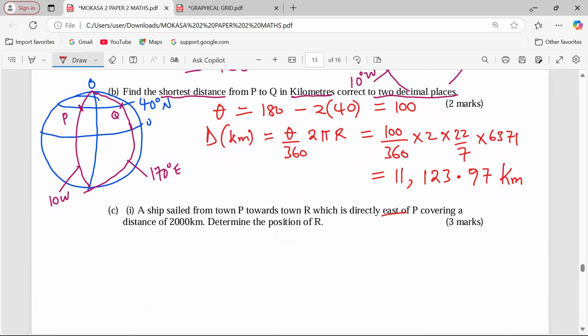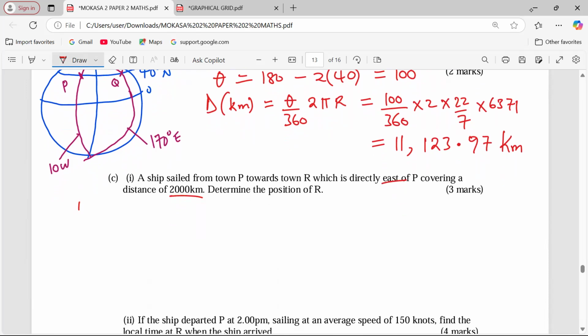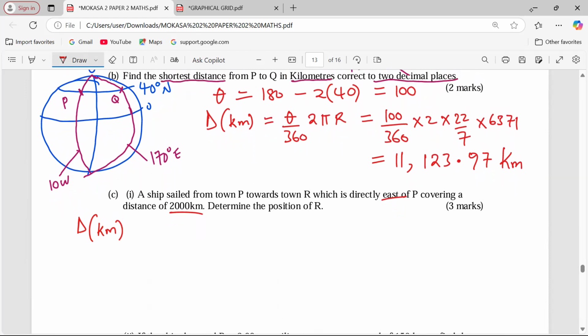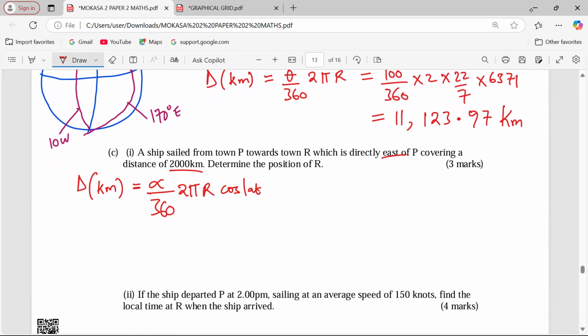The distance has already been provided and it is in kilometers. So distance in kilometers along a small circle is usually given by the angle difference over 360 times 2 pi r cosine of the latitude.